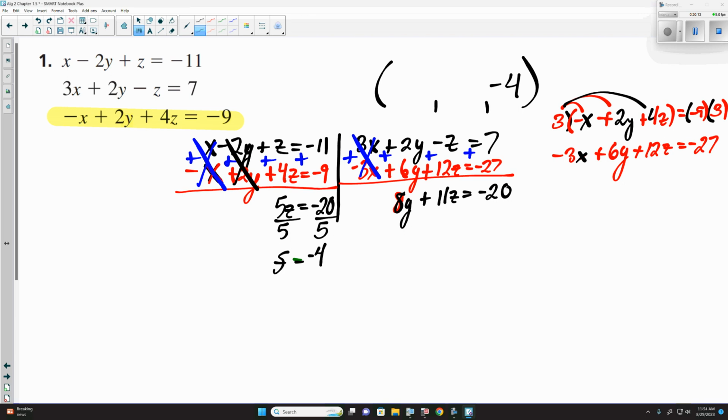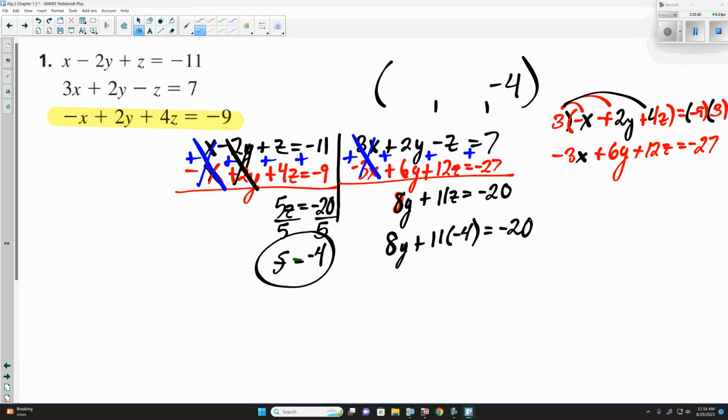This time, how many variables do we have? 2, yes? Do we know one of those 2? Well, I know z is. So I have one of those 2 values, don't I? So we can solve it. I can take 8y plus 11 times negative 4 is equal to negative 20.